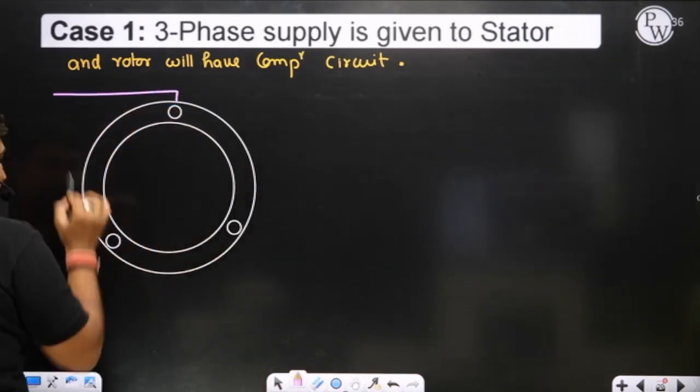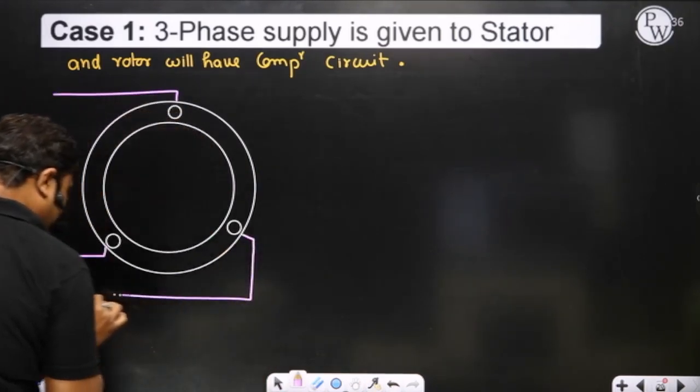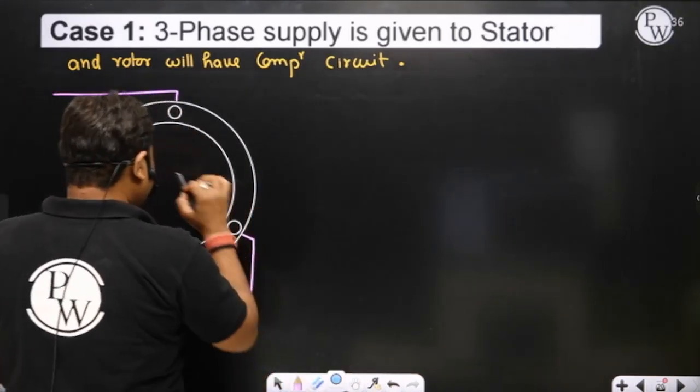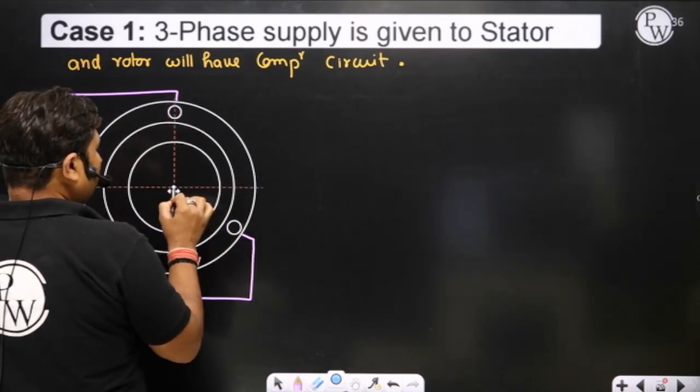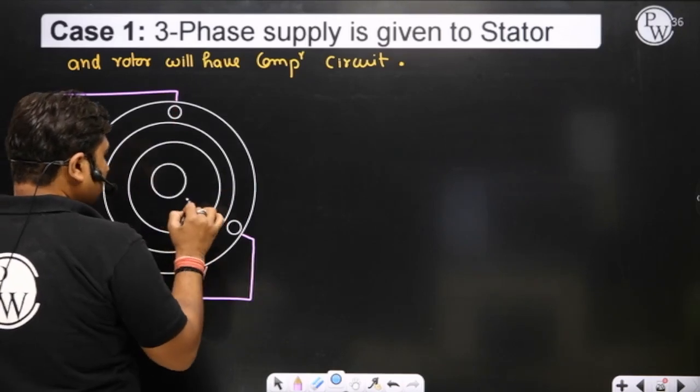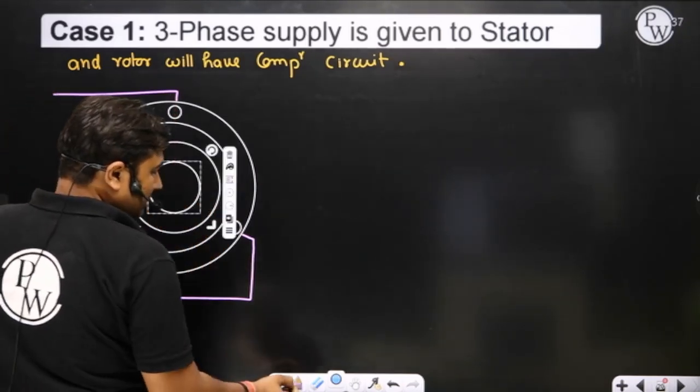So let us suppose A phase, B phase and a C phase. Rotor will have a complete circuit. Again, I am assuming that we have a rotor. Let us suppose for a moment that rotor is also having 3 phase. I am considering it to be the slip ring type.